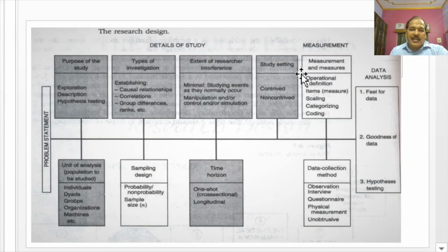If data is continuous, whether that is normally distributed or that is skewed. If normally distributed, we are having one group, we are having two group, or we are having more than two group. So if we are having one group, what is the sample size?